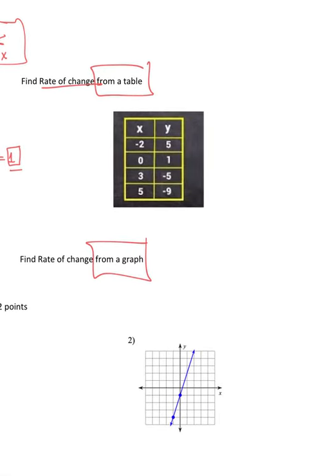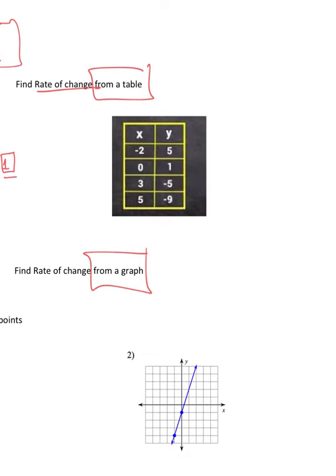This table will be a little bit different. When x is -2, y is 5, and when x is 0, y is 1. The difference from 5 to 1 is decreasing 4 units, right? 1 to -5 is also decreasing 4 units.